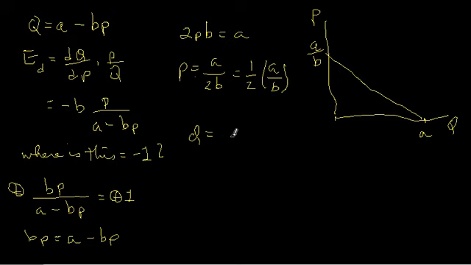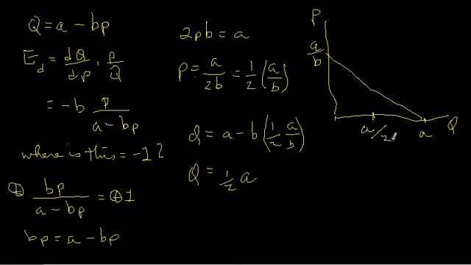So that's equal to A minus B times P, which is 1/2 A over B, which we see in the end comes out to be Q, where elasticity is -1, is 1/2 A. So midway here, this is A over 2.